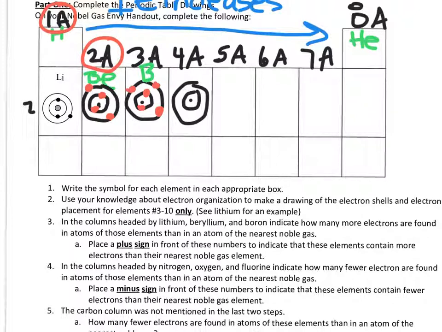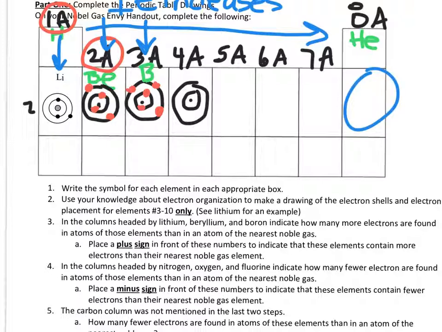So it says in the columns headed by lithium, beryllium, and boron. All right, so that's this column, and this column. You're going to indicate how many more electrons are found in atoms of those elements than in atoms of the nearest noble gas. So remember, the nearest noble gas to them is not neon over here, okay?